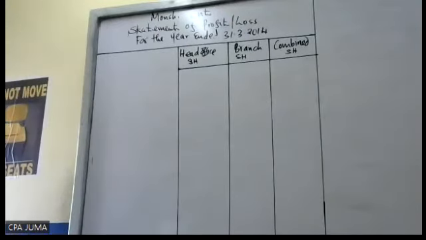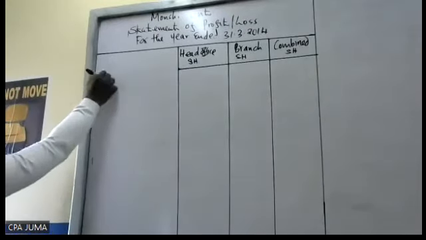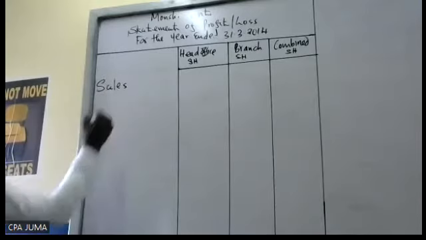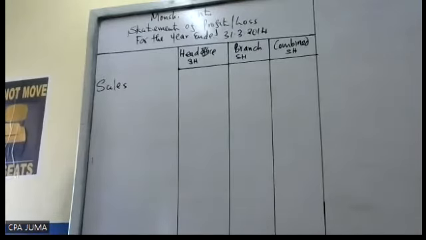So there is sales. Profit account starts with sales. So check sales in that question. Are you seeing the sales? How much are you seeing? 2.8 for the head office.